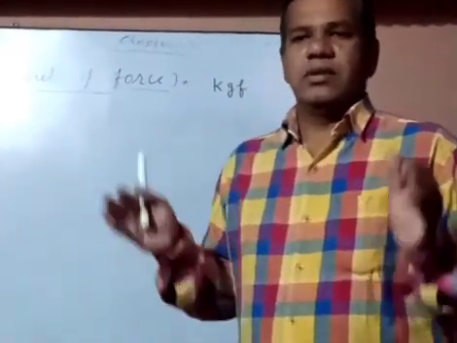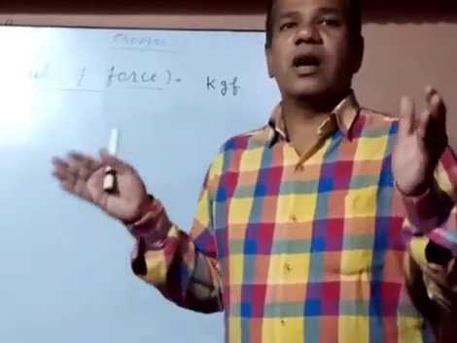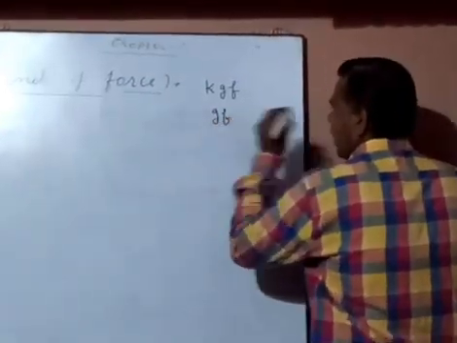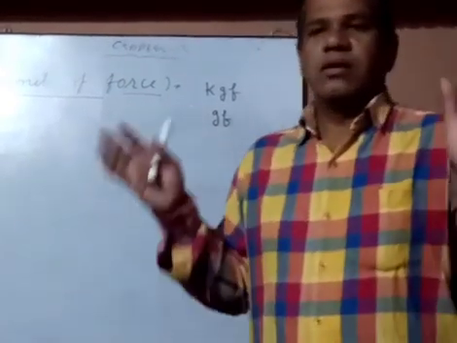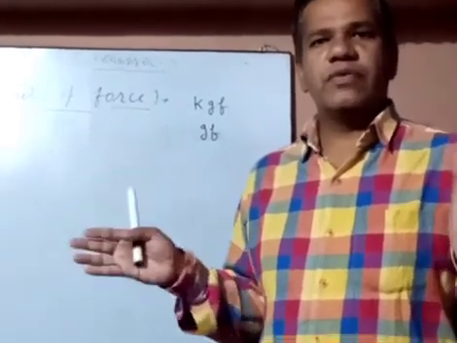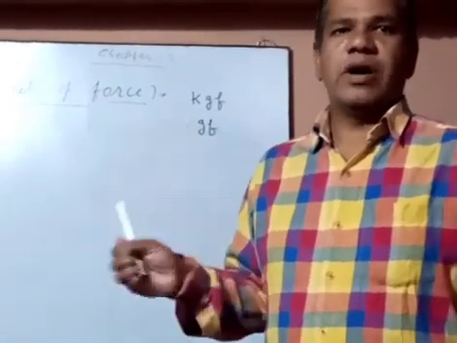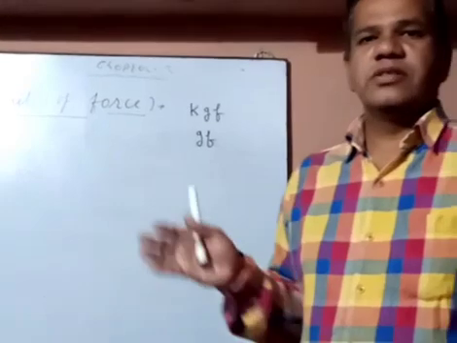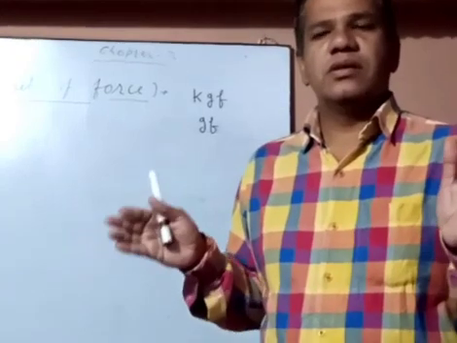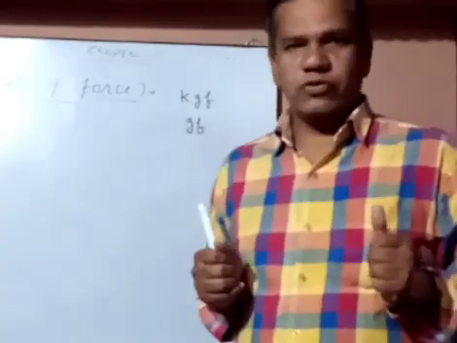However, for measuring smaller force, the unit used is gram force. In short, we write gf. Gram force means it is the force required to lift a body of mass 1 gram vertically upward. That means the force of gravity acting on 1 gram mass of a body is 1 gram force.